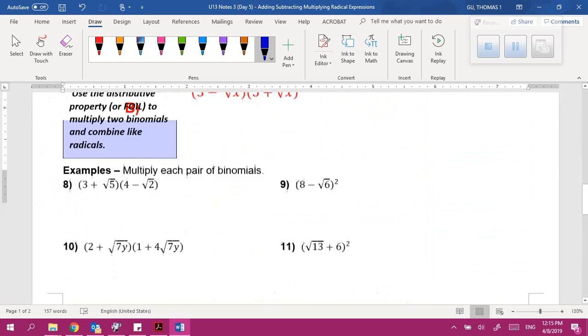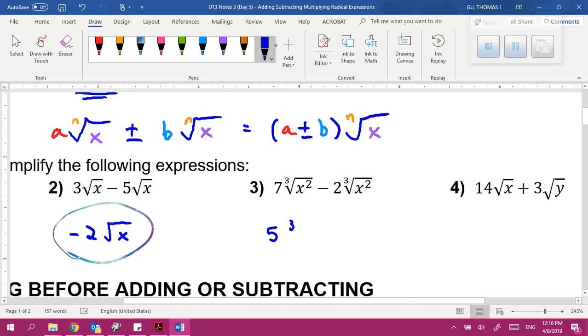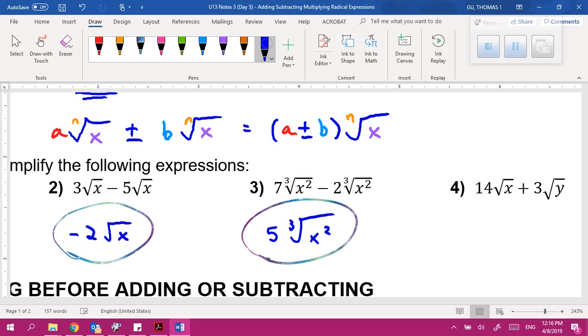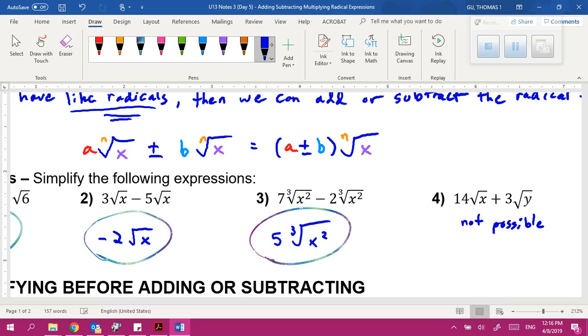Wait, hang on a second. What did you say, 5? That is correct, because the same index, same radicand, so we can just subtract the numbers, 5 cube roots of x squared. What about number 4? Not possible. Why not? Right, different radicands, the x and the y. Very good.